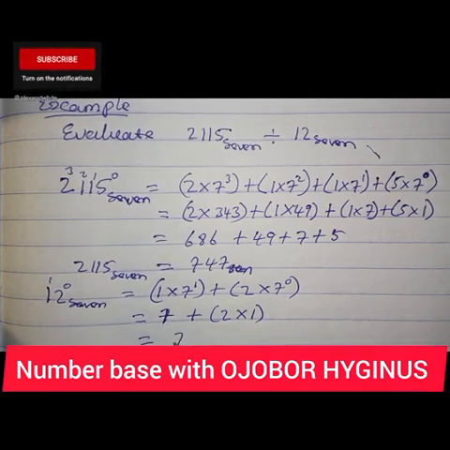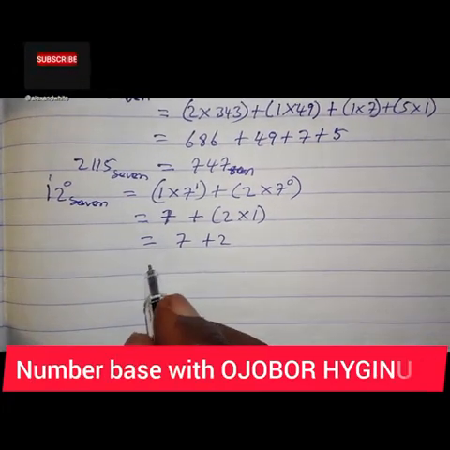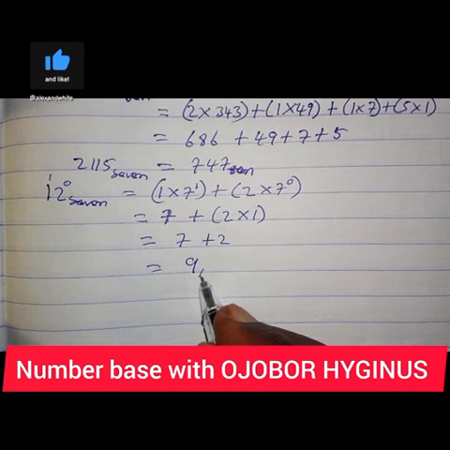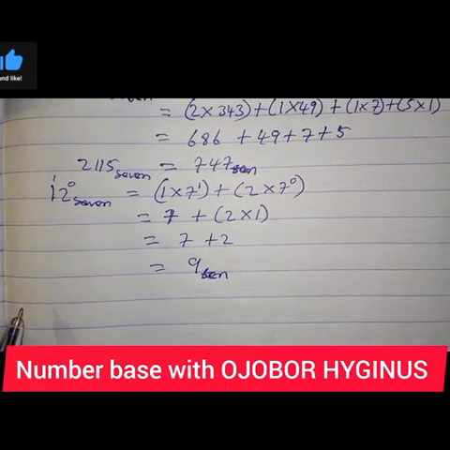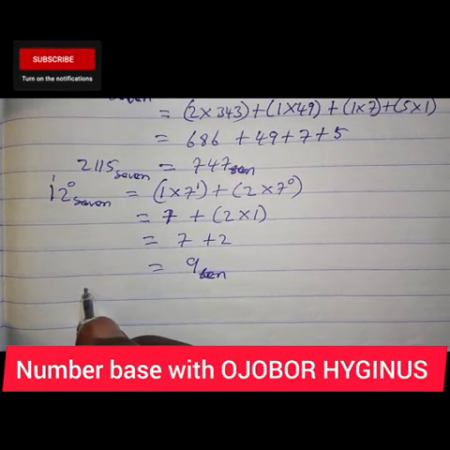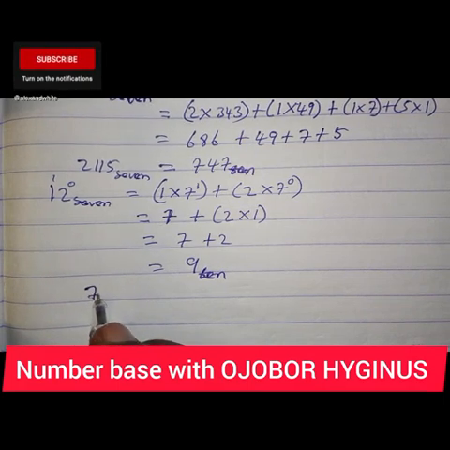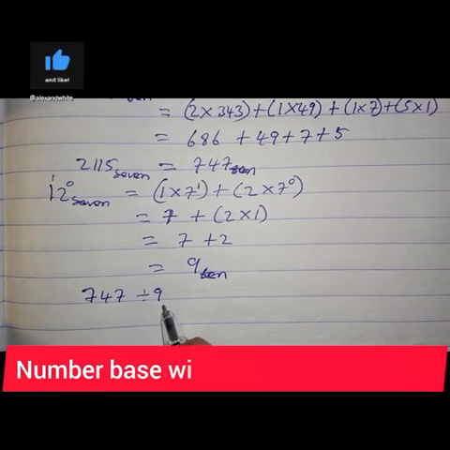That will give us 7 plus 2, and that will give us 9 in base 10. So that will therefore mean that the question is now turned to 747 divided by 9 in base 10.